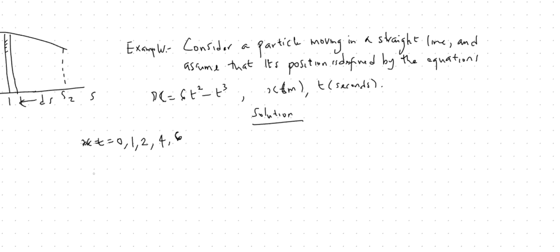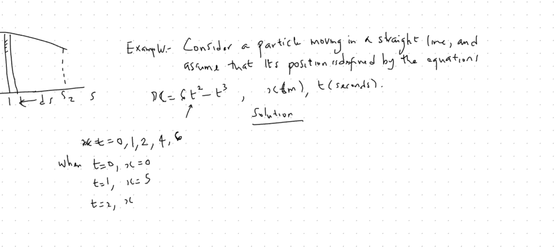When t equals 0, my x equals 0 also. When t equals 1, my x equals 5. Just put 1 into this equation here: 6 to the power of 1 minus 1, that's 5. Then when t equals 2, my x equals 16.